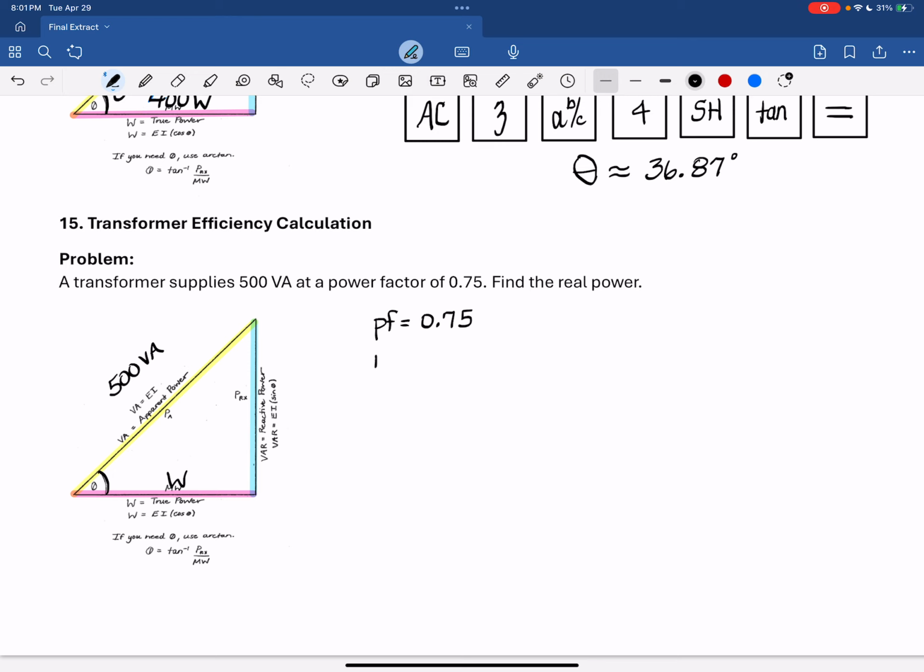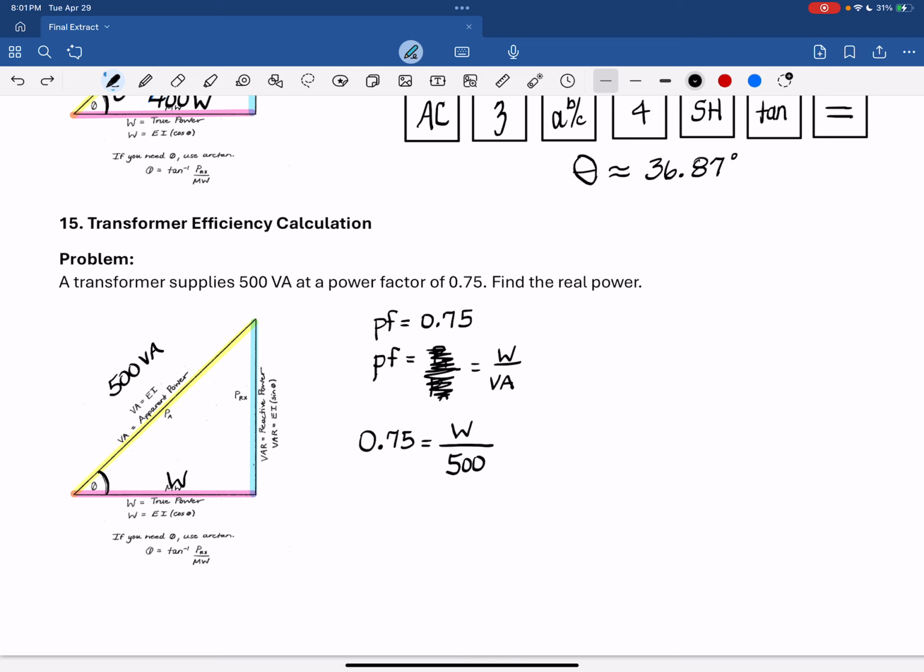So I do know a formula for power factor that says that it is true power over apparent power. And so if we combine these two, we could say that 0.75 is equal to true power, which we don't know, but we do know apparent power. In our language, this is W over VA. Let's use that formula. I left this first one in that I'm about to cross out because it's in your book.